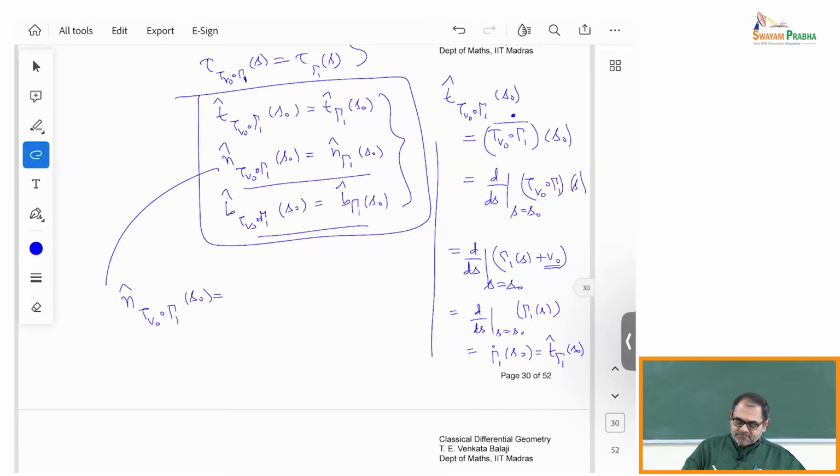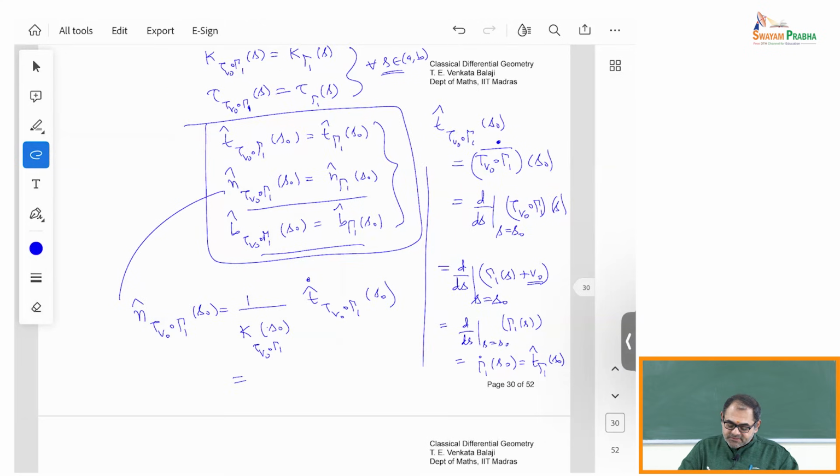This is by definition 1 by curvature of T_v0 circle gamma 1 at s naught into the t cap dot of T_v0 circle gamma 1 at s naught. This is by the first Frenet-Serret equation. But you see, the curvature is the same as the original curve because you are moving it only by translation, which is a rigid motion.